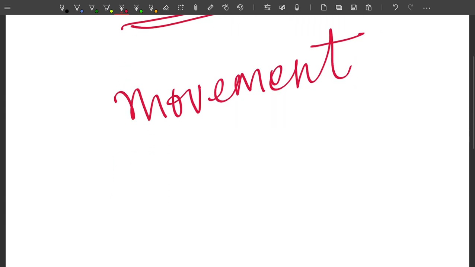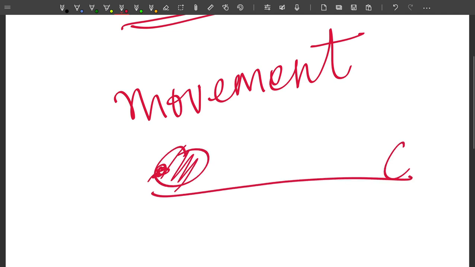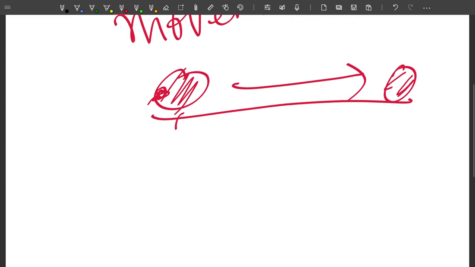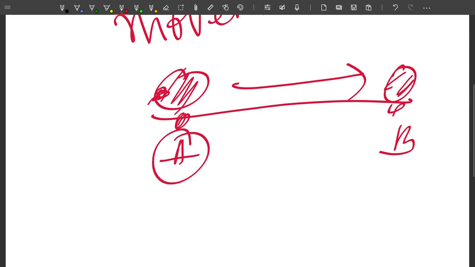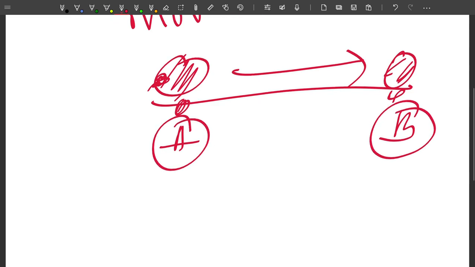Like a ball being kicked by you that reaches here, it means it has moved. It has changed its position: it was in position A and it came to position B.